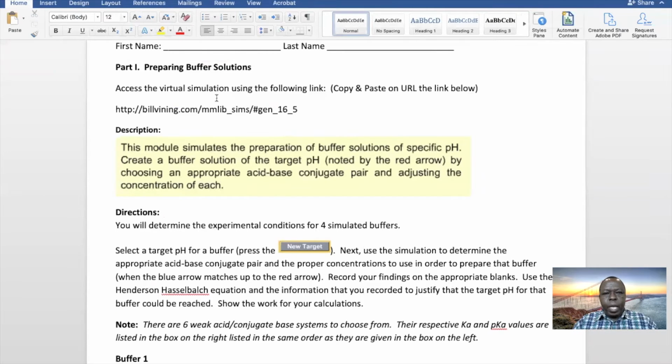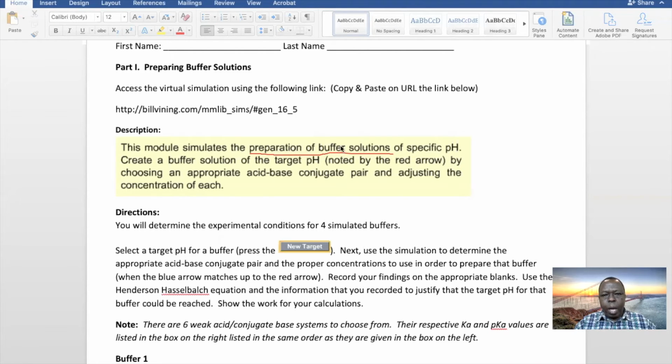The active link here is not active. I do have the simulation on Canvas. Look at the directions. You have to prepare a buffer solution. And remember what I said in terms of picking the weak acid.